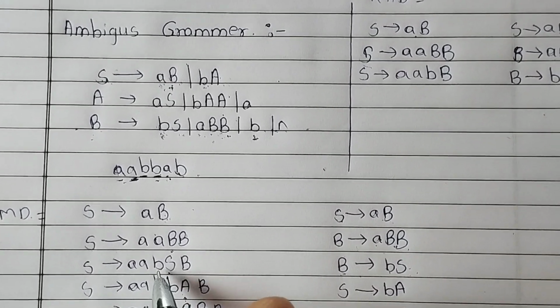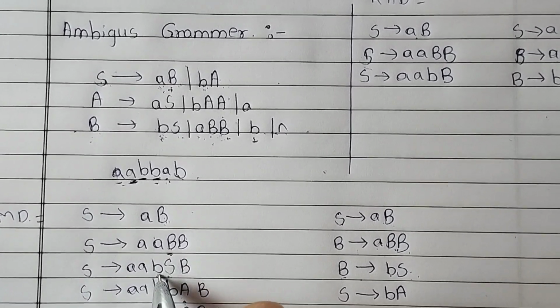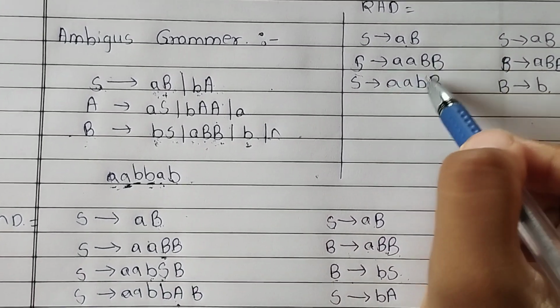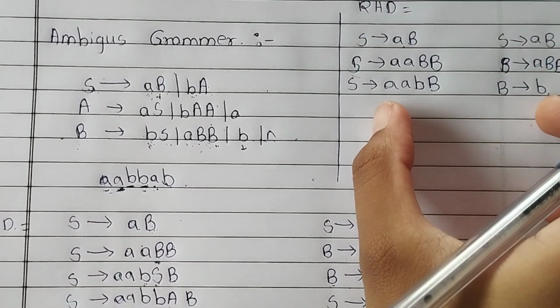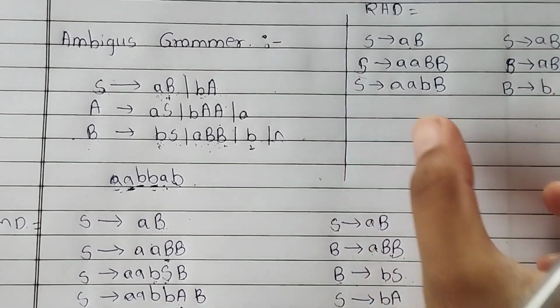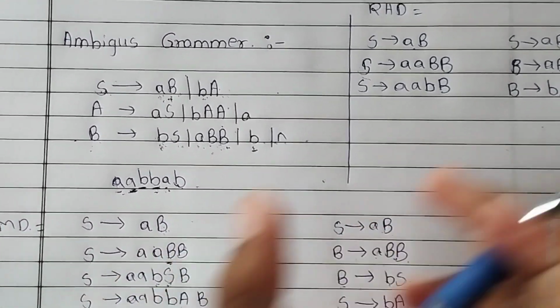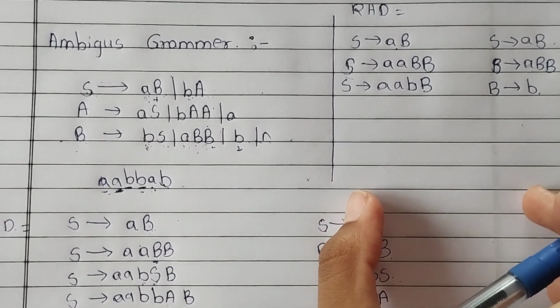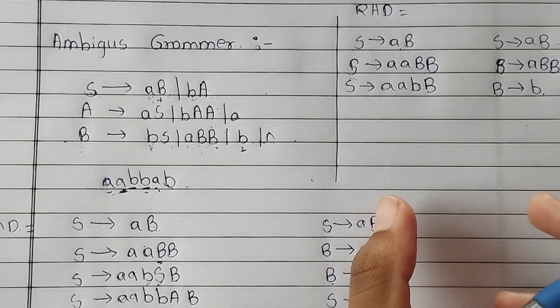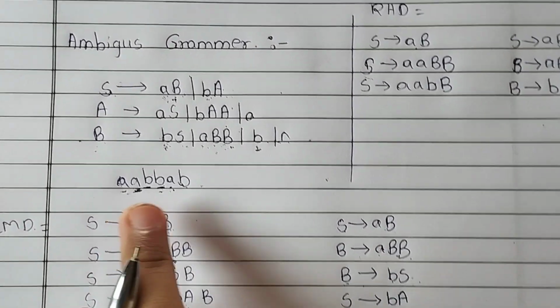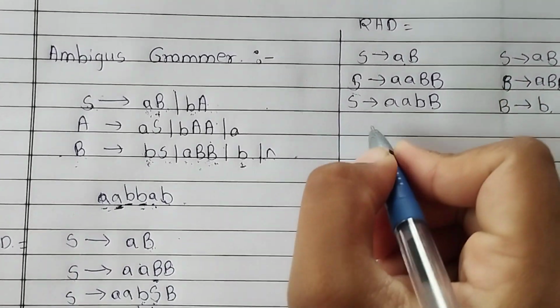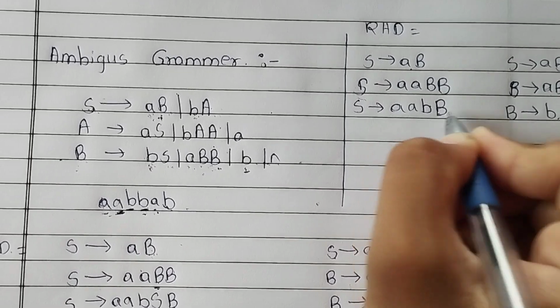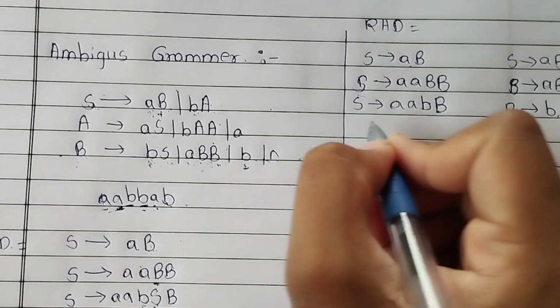In the third step, for the single B I write BS, but here I write a small b. So here we change the production method. Now this LMD is separate and this RMD is separate, and from this, finally, we prove this AABBAB.